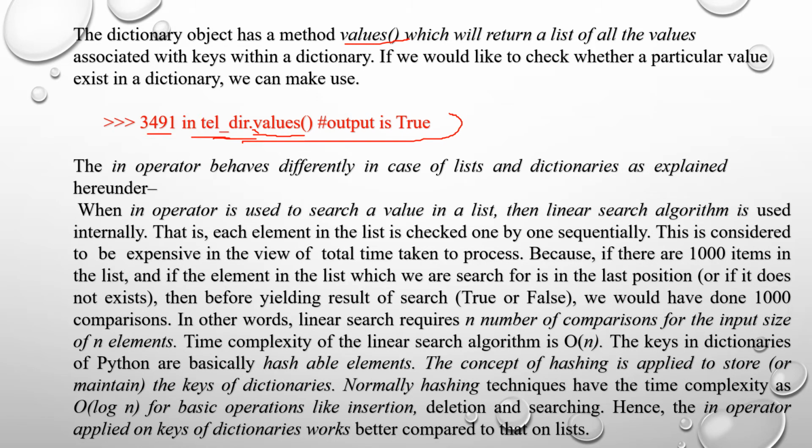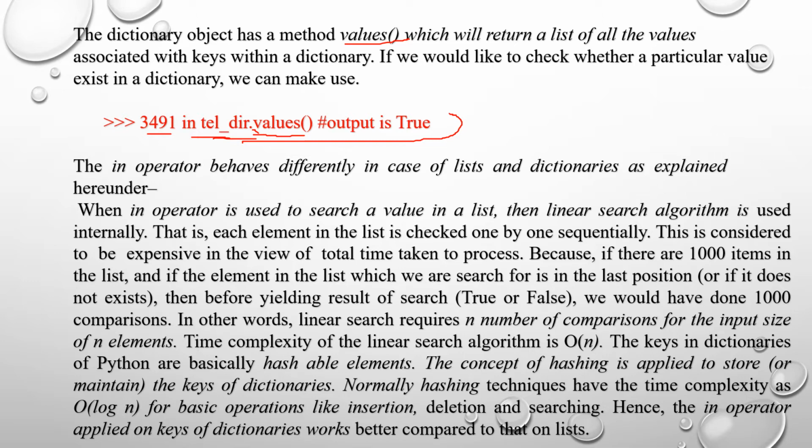The in operator behaves differently in the case of a list and a dictionary, as explained here. When the in operator is used to search for a value in a list, a linear search algorithm is used internally. That is, each element in the list is checked one by one sequentially.